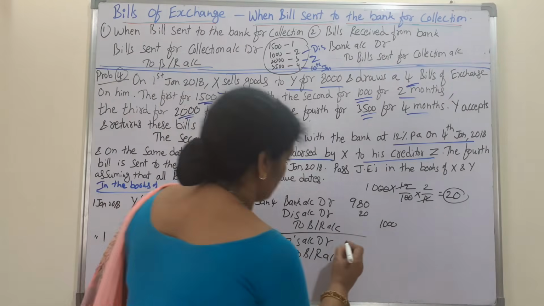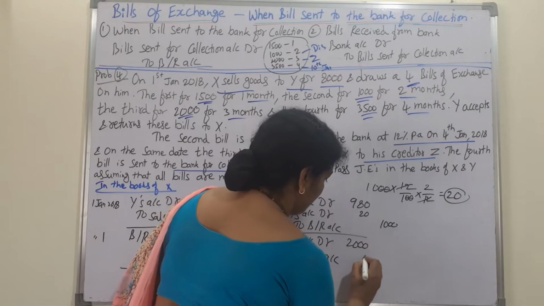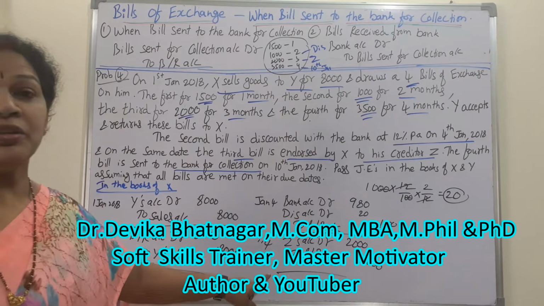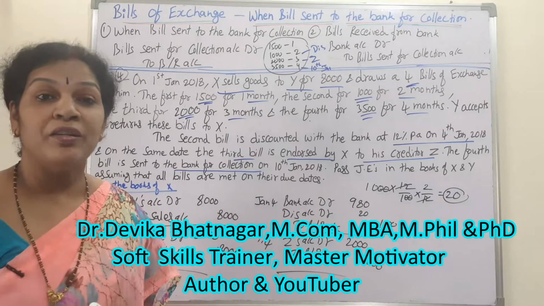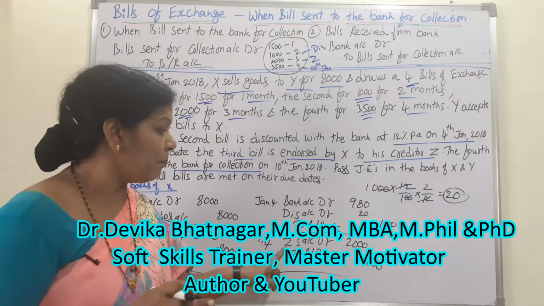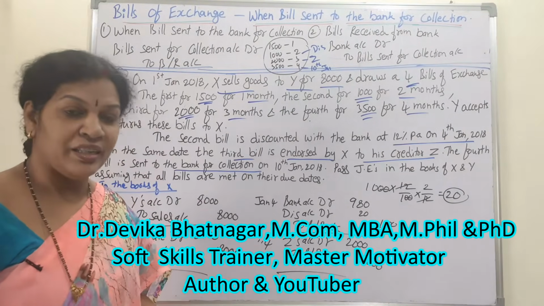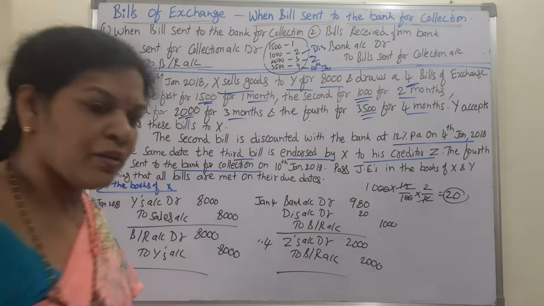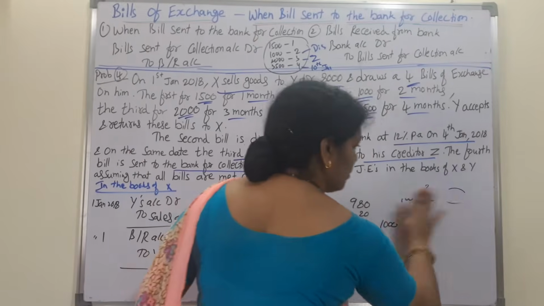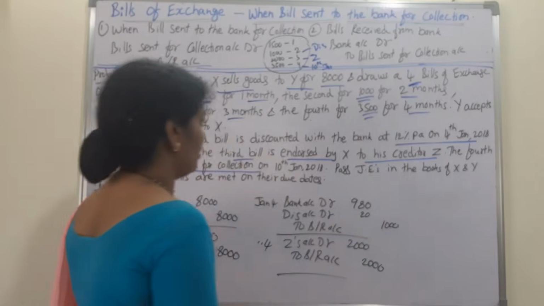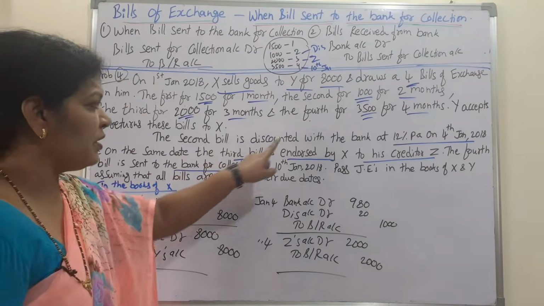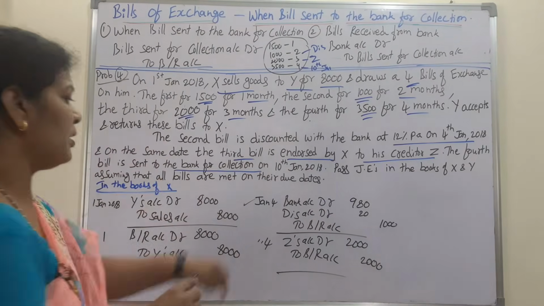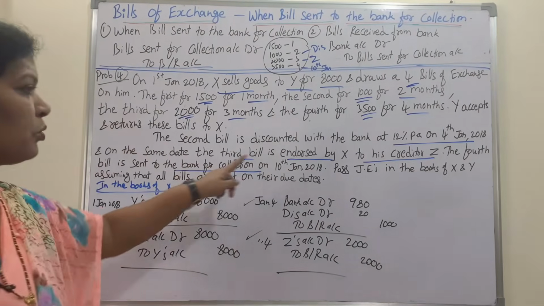Third bill is 2000 rupees. The narration: being bill endorsed to Z. This is the entry. So shall I rub this? The discounted bill entry is over. On the same date, the third bill is endorsed, and that entry is also over.